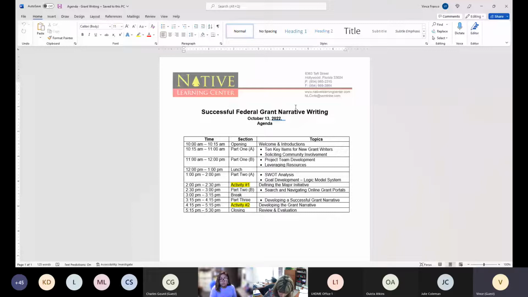So that's what you're seeing here on the agenda. 10:15 to 11, the 10 key items for new grant writers, followed by a section on soliciting information from the community, or community involvement or leadership involvement.